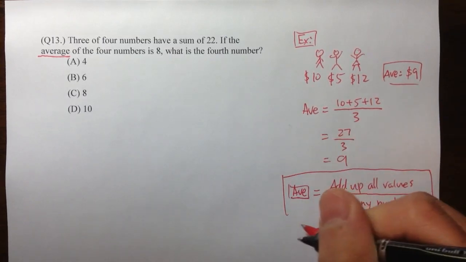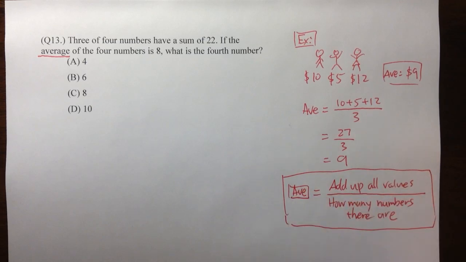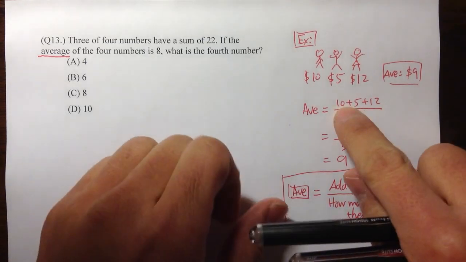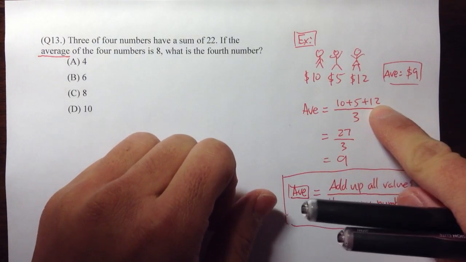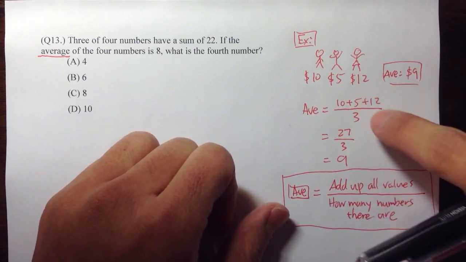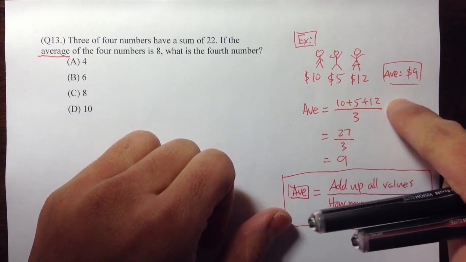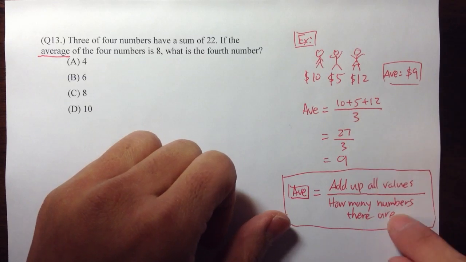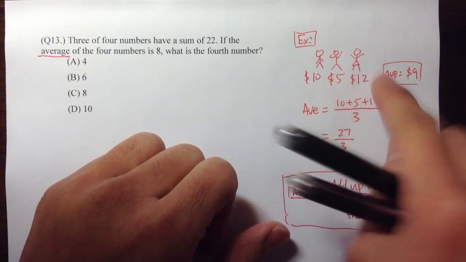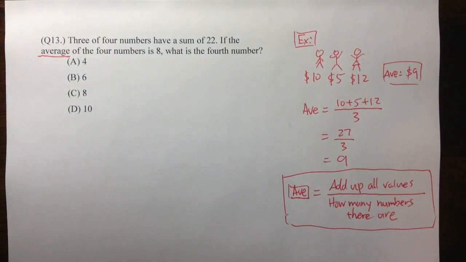So that's how we find average. You add up all the values, 10 plus 5 plus 12, first, and then divide by how many numbers there are, how many persons there are. Same idea. Okay, so let's get back to this question.